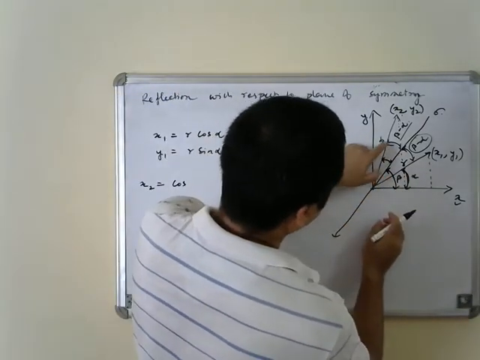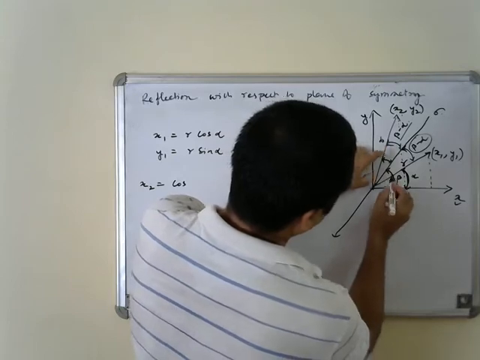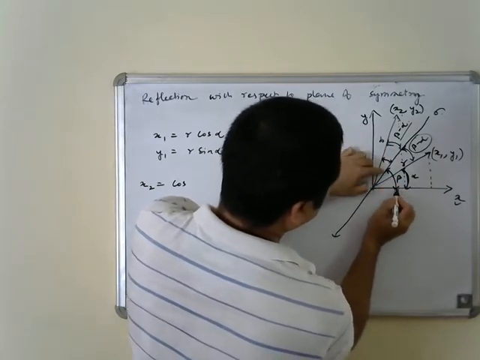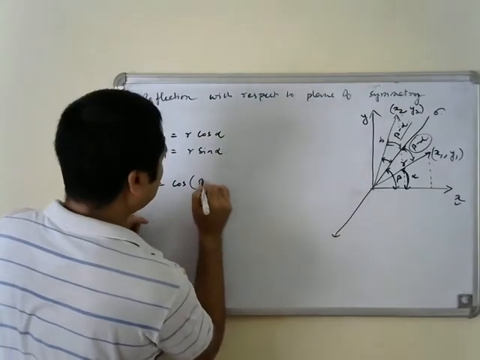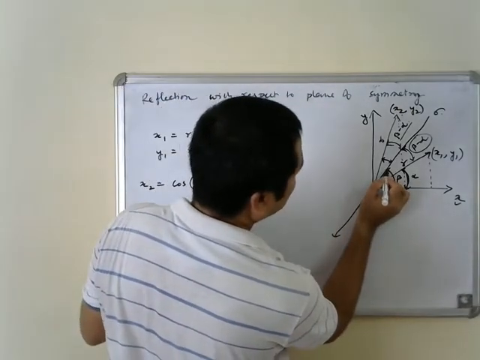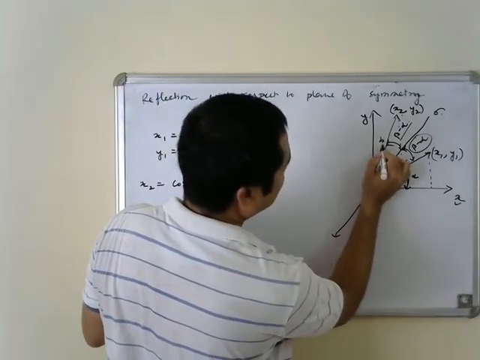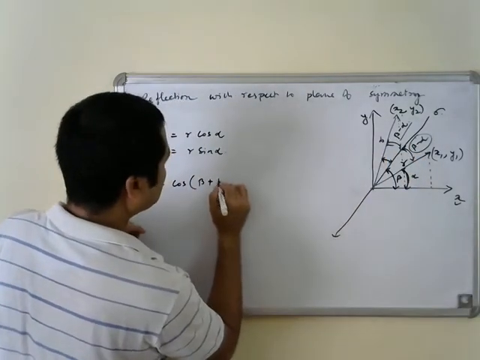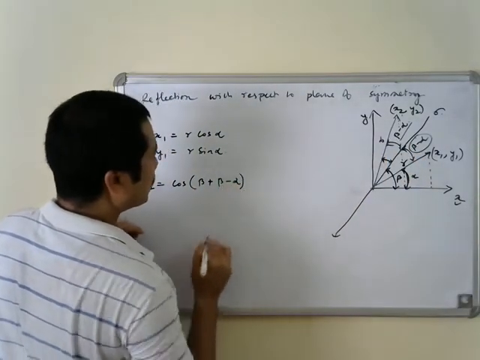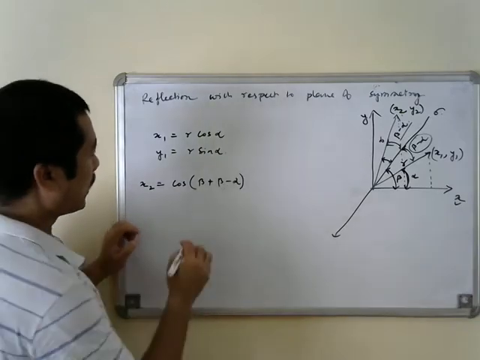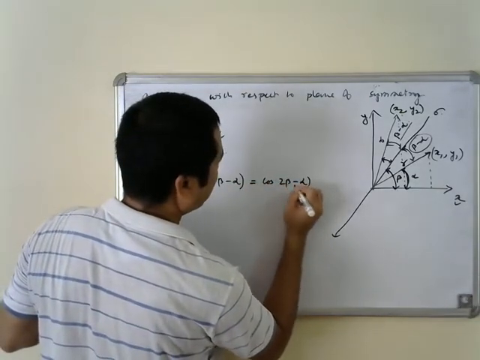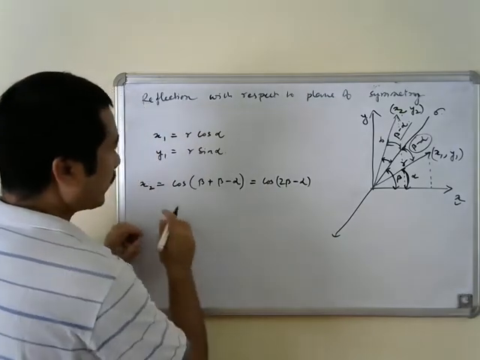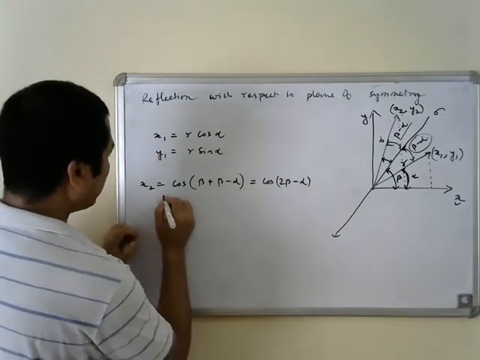The angle up to the plane of symmetry is beta, and from the plane of symmetry to the final vector is beta minus alpha. So the total angle is 2 beta minus alpha, and x2 is equal to cos 2 beta minus alpha.